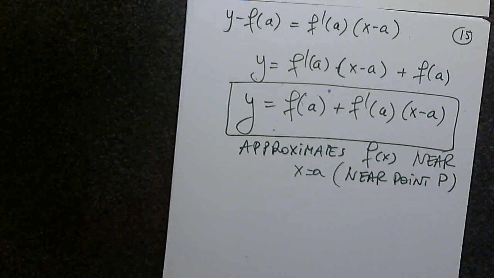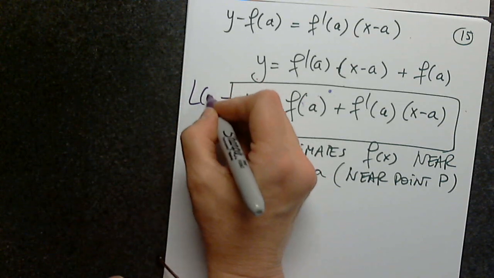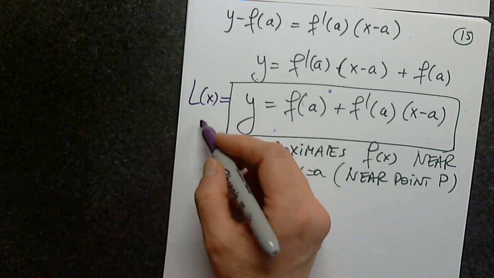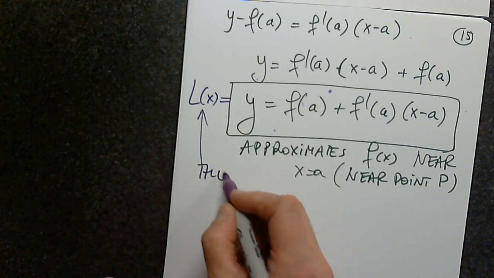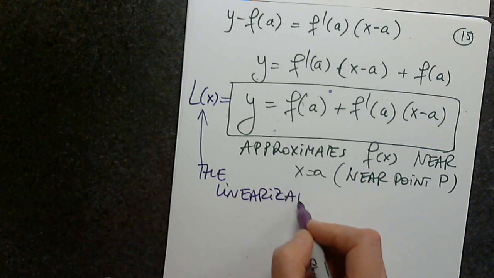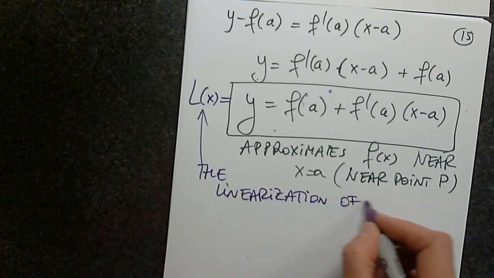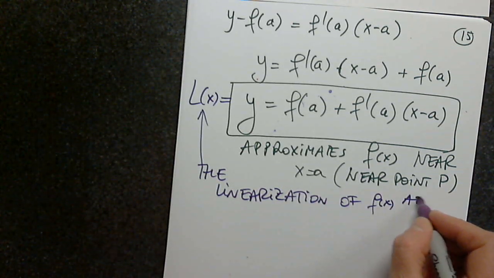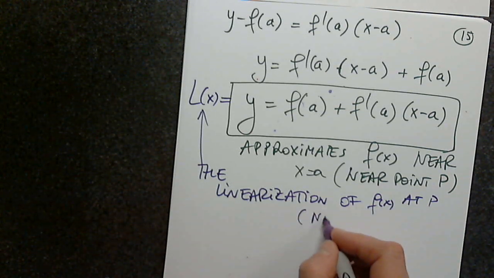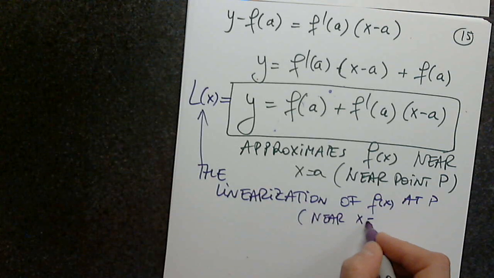Find the linearization. So this is also called L of x. The linearization of f of x near, not at P if you want, but I prefer near x equals a.